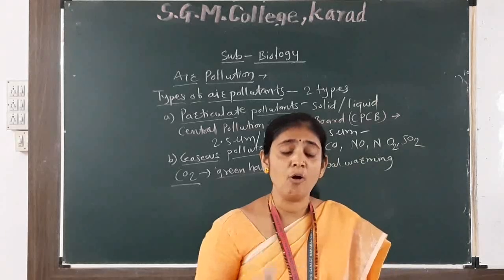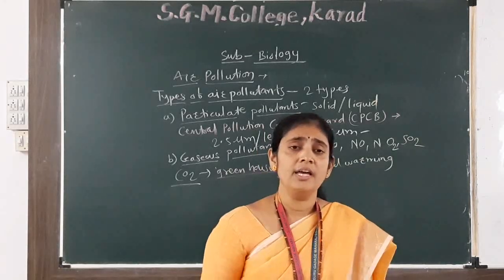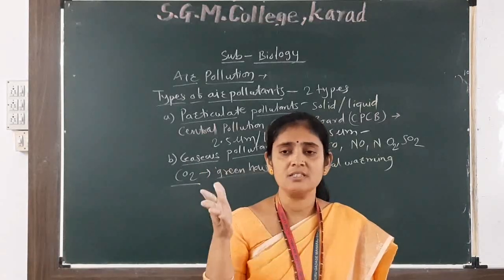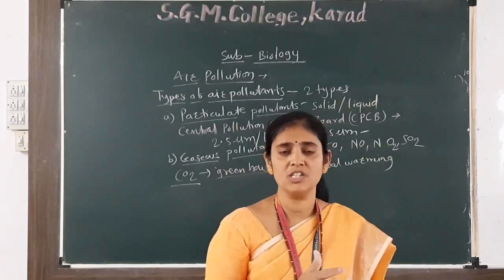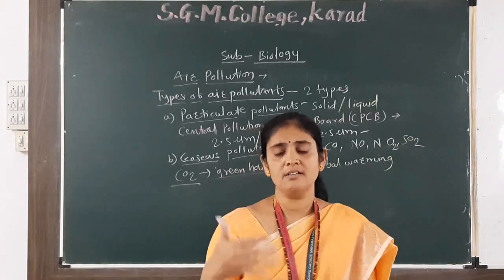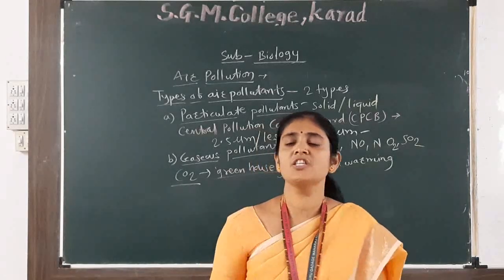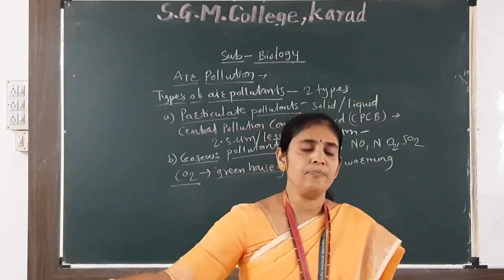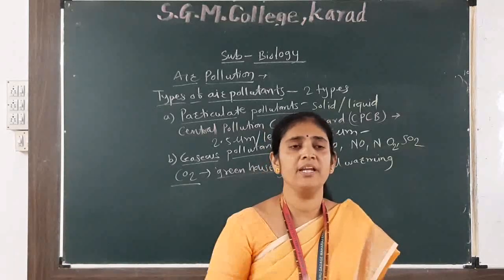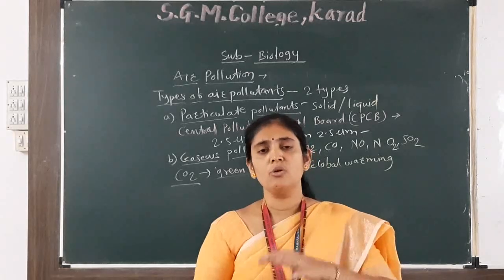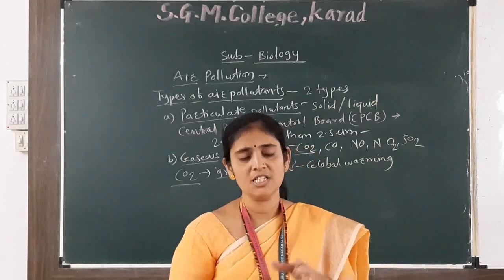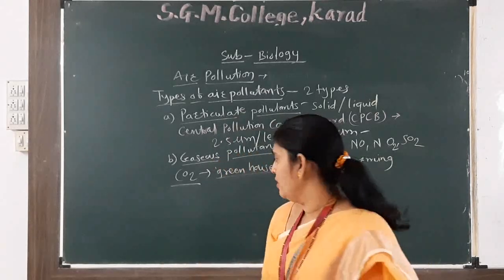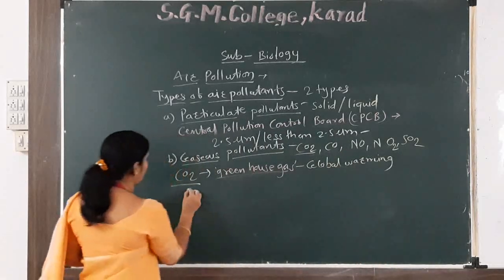So here you can observe how CO2 is increased in the atmosphere by these factors, means cutting of forest, deforestation, or using these airplanes or burning fossil fuels. So the CO2 is very harmful to our environment, and hence we have to control the emission of carbon dioxide. So this is the first gaseous pollutant, carbon dioxide. Then we have to see carbon monoxide.